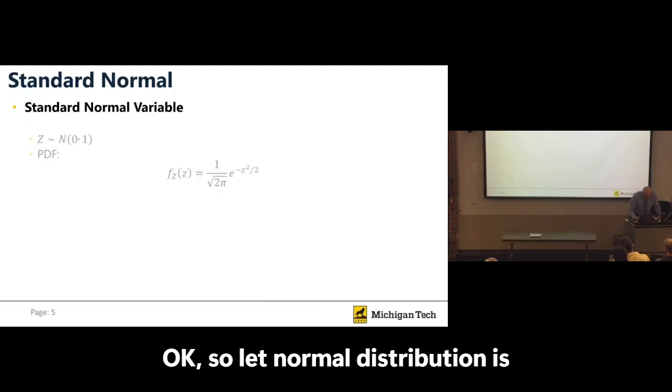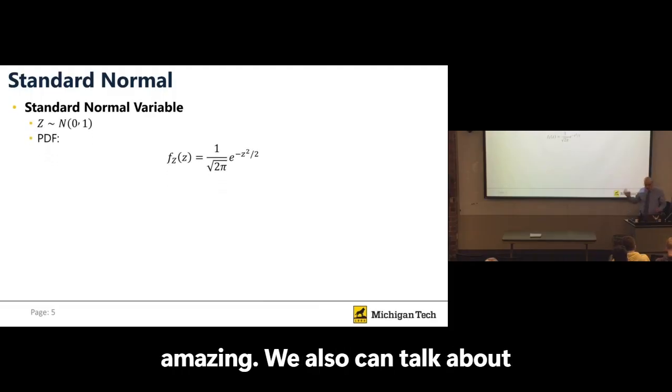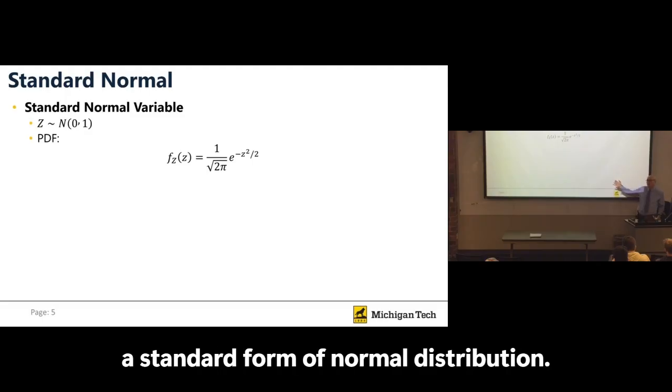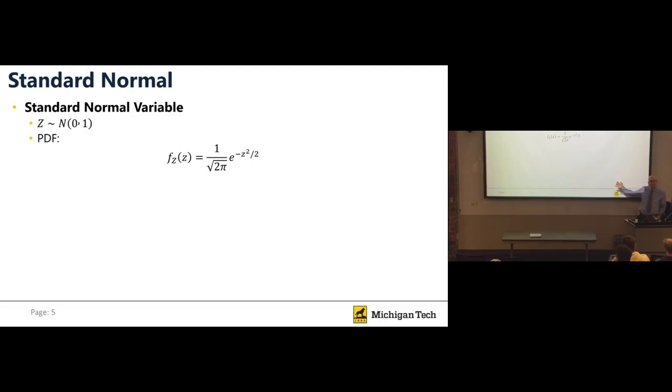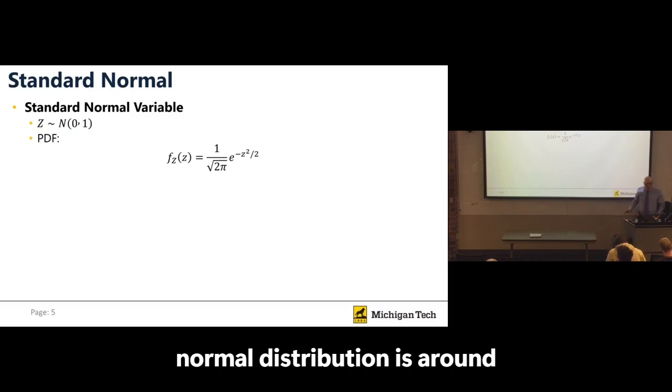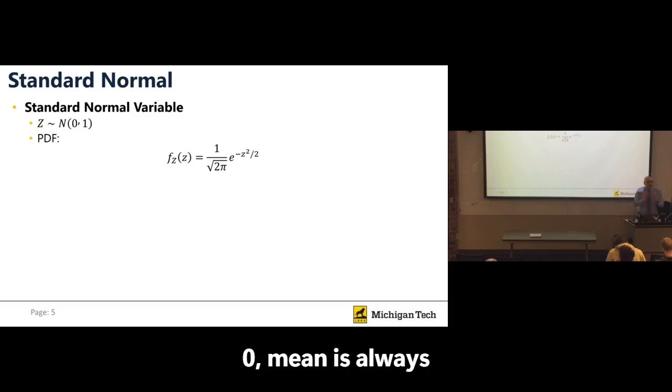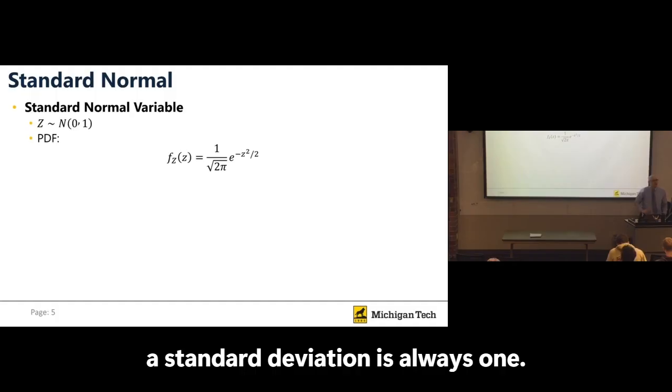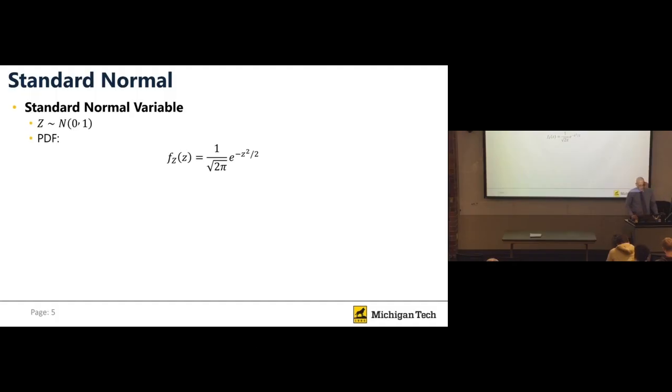Okay, so normal distribution is amazing. We also can talk about a standard form of normal distribution. A standard form of normal distribution is around 0. Mean is always 0, and standard deviation is always 1. How we can do that?